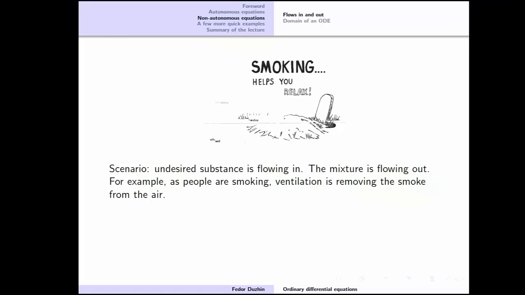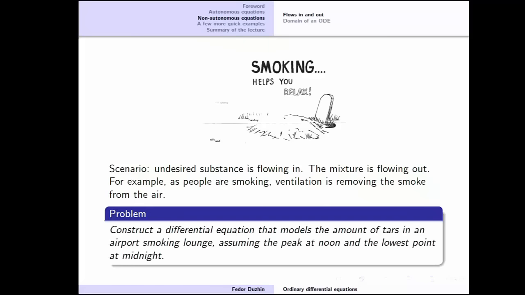So ventilation basically does the following thing. There is the inflow of fresh air from outside and the outflow of the mixture of the smoke together with the air to outside. And we are going to construct a differential equation that accurately describes this process.